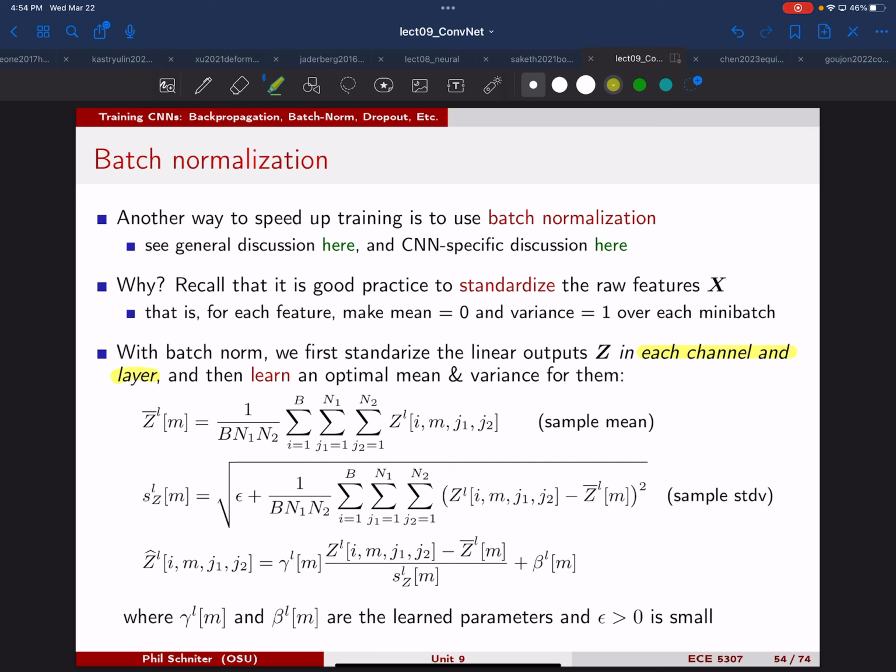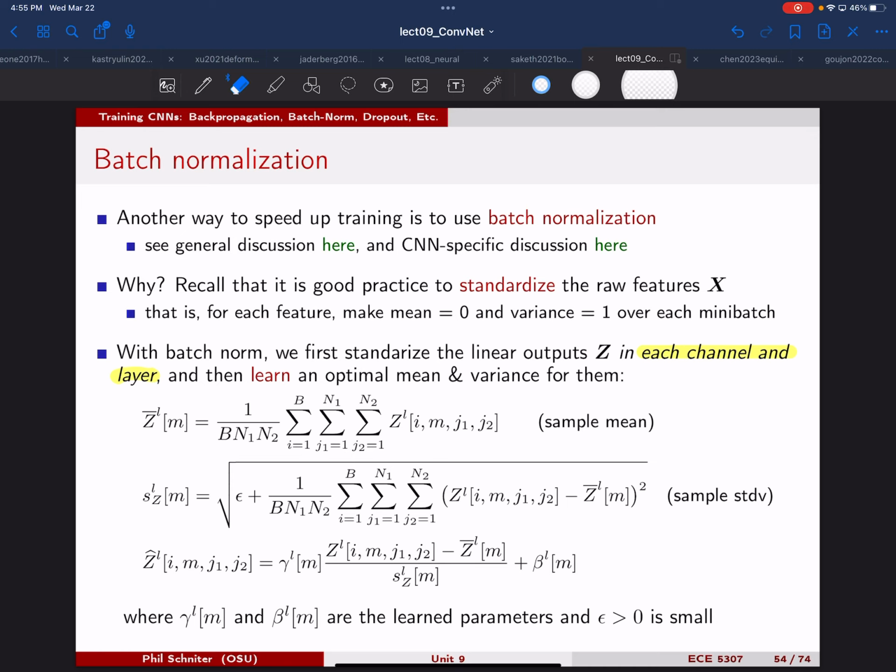So when you initialize your neural network, you have to choose random numbers to put in all the weights, and you have to figure out how big or small those should be. And the size you choose is proportional to the size of the inputs to those layers. And so this batch norm is one way to adjust that.